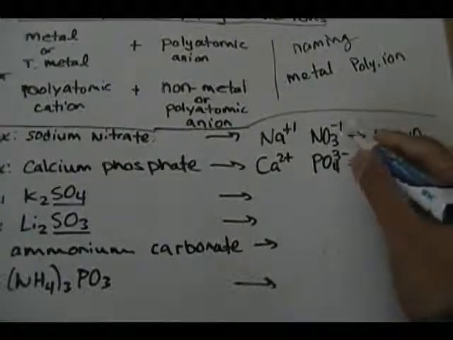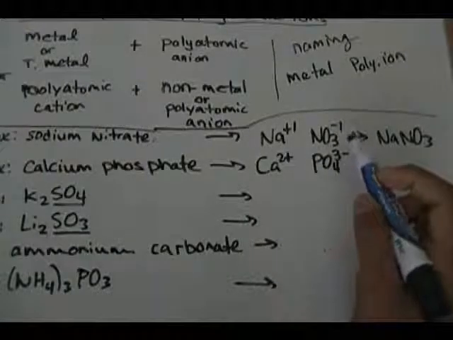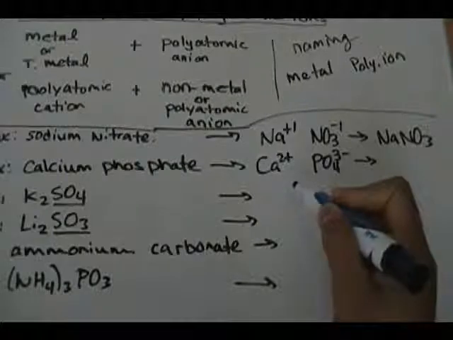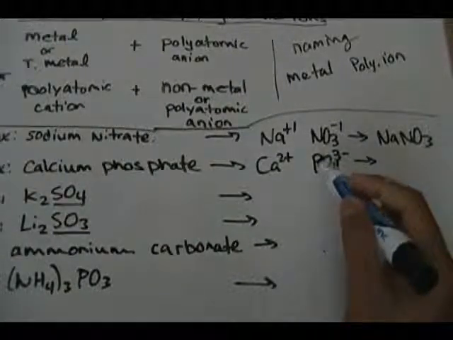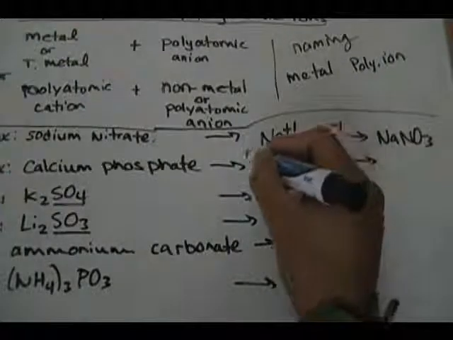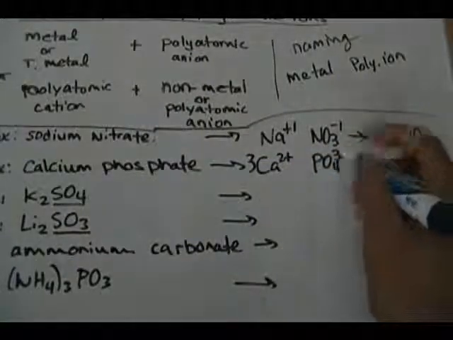We have 4 oxygens. We've got an overall charge of -3. Now what you need to realize is that this is not balanced. We need to balance this out, and we need to find a common factor to multiply this guy by and this guy by in order to have a balanced charge. Now what I would do is I'll multiply this side by 3, and so basically I'll have 3 calciums and 2 phosphates.